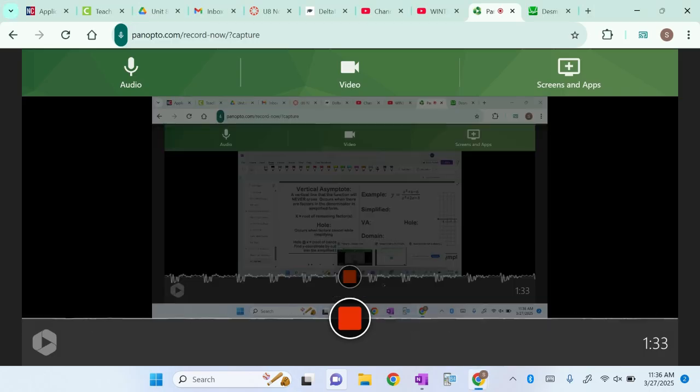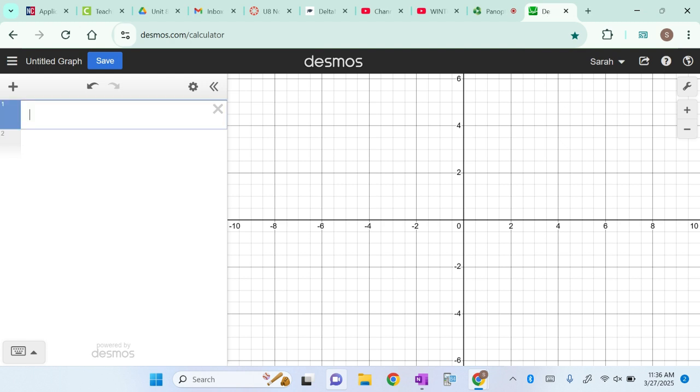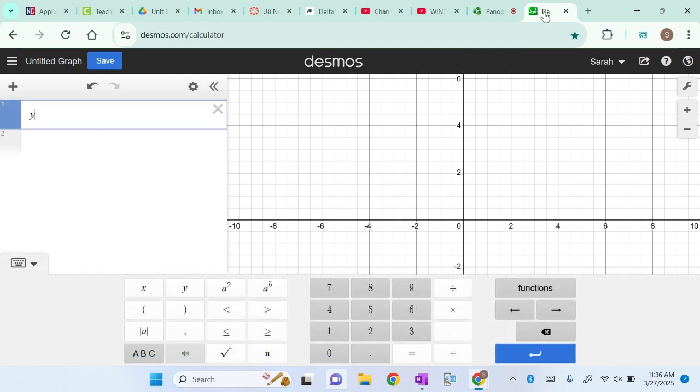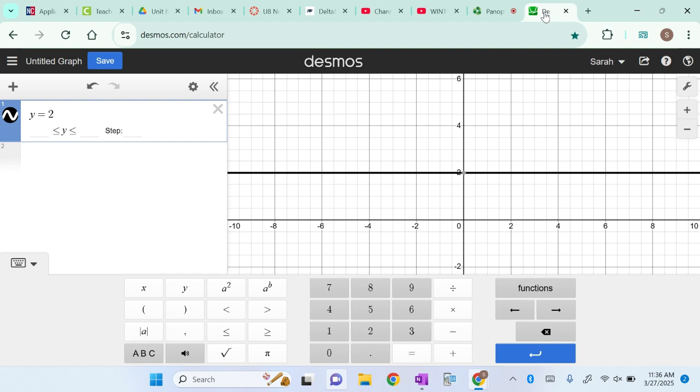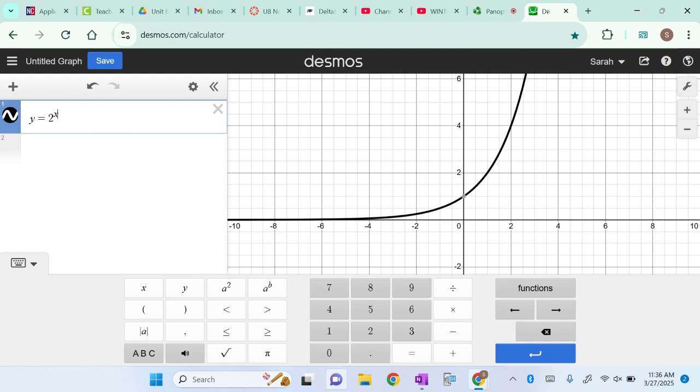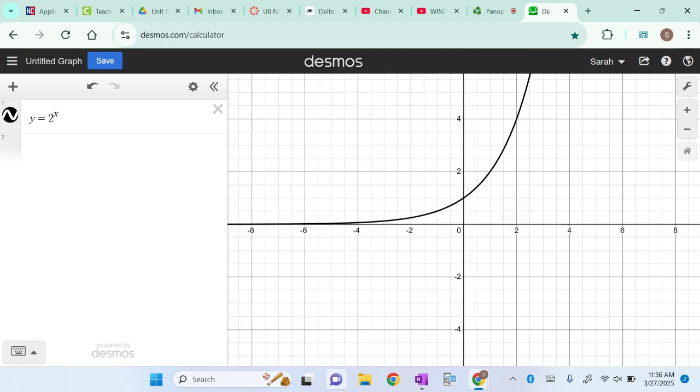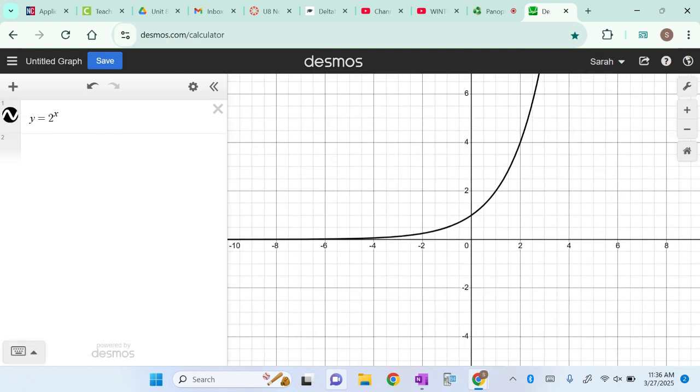For example, and you don't need to graph this, if I had y equals 2 to the x power, this is an exponential graph. It has a horizontal asymptote at y equals 0. So it's the x-axis.